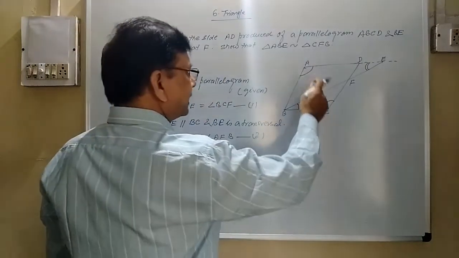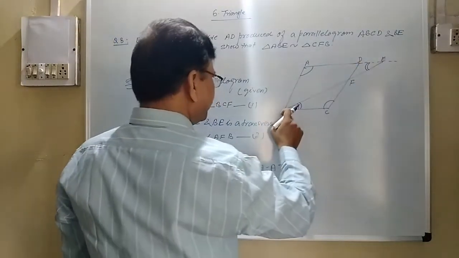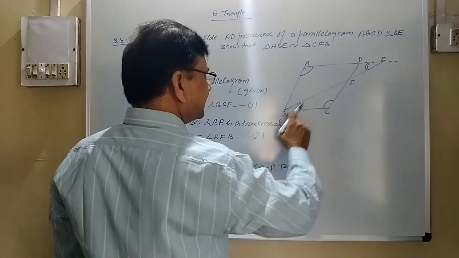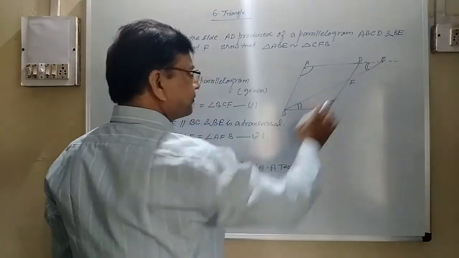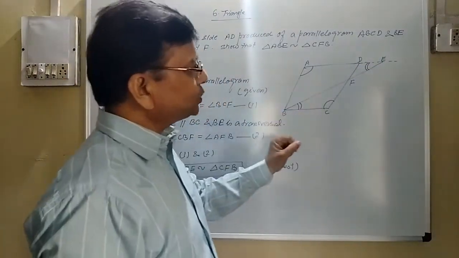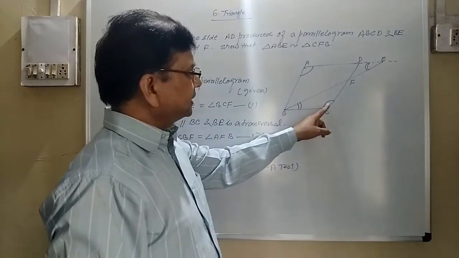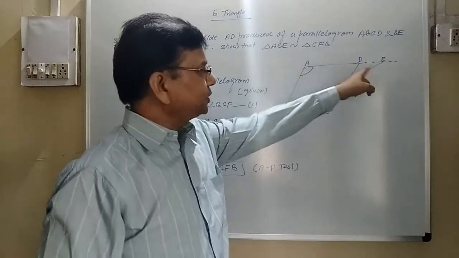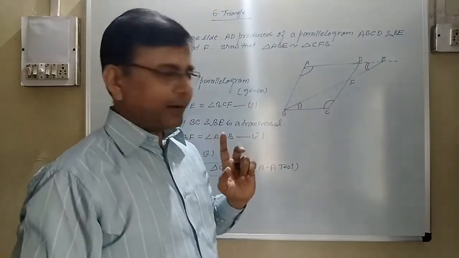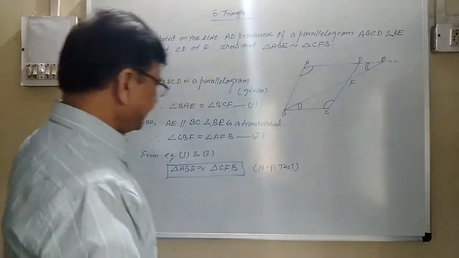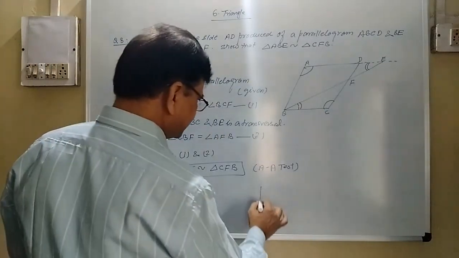Because angles AEB and CBF, and angles BAE and BCF, the corresponding angles of these two triangles are equal. Therefore, these two triangles will be similar. That is proved.